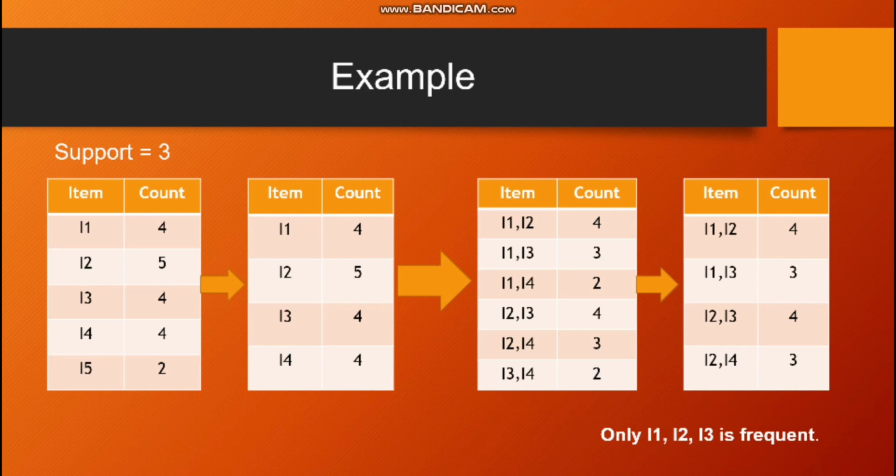If it is equal to or more than 3, we will keep it. In the last table you can see I1 I2 has count 4, I1 I3 count 3, I2 I3 count 4, and I2 I4 count 3. Here you can see I4 occurs only one time and I1 I2 I3 occurs 2 times. So you can easily see that I1, I2 and I3 are frequent from this data set.